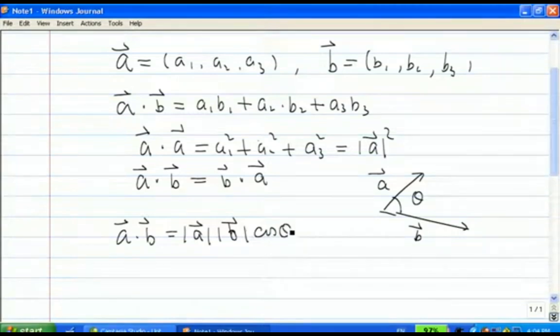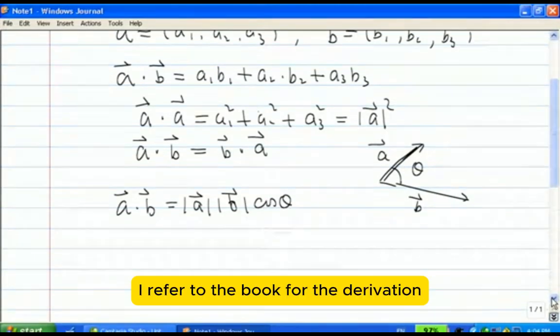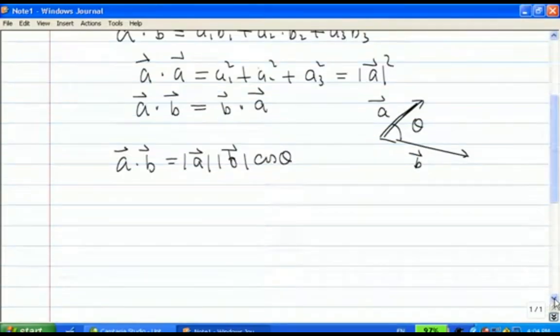The magnitude of A is the length of your vector. I refer to the book for the derivation of this formula.